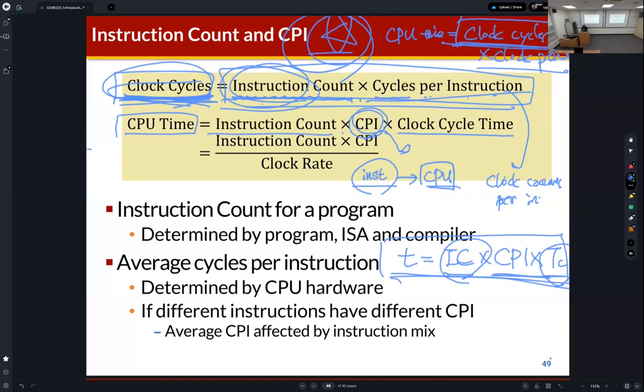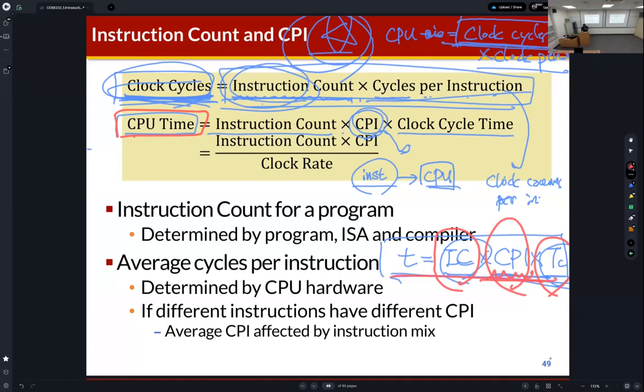I said that we frequently use CPI to compare the performance of two CPUs, but you must not be confused about the CPI, because in order to calculate the CPU time, we require all these factors: instruction count, CPI, and clock frequency. Just remember this equation.